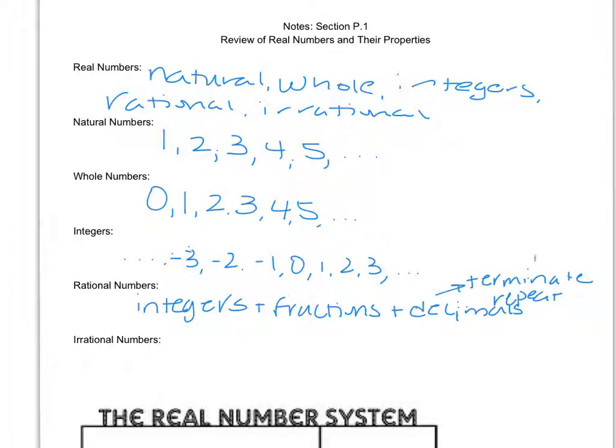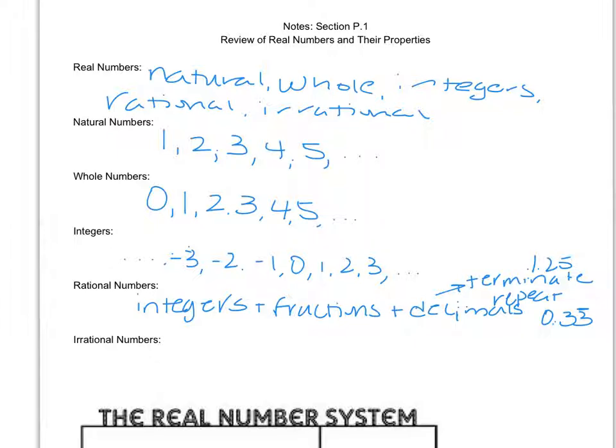Okay, so terminating would be like 1.25, it ends, and repeating would be like 0.33333 repeating. Remember the repeating, we put the little line over.